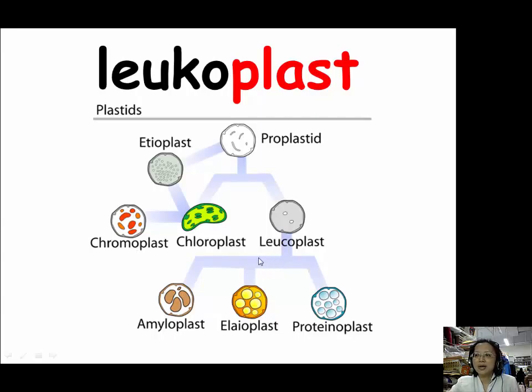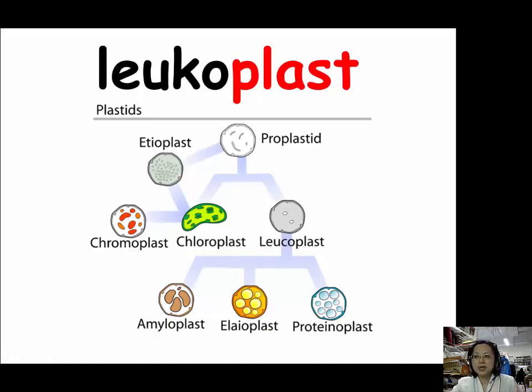Leucoplasts are located in non-photosynthetic tissue of plants, such as roots, bulbs, and seeds. They may be specialized for bulk storage of starch, lipid, or protein, and are known as amyloplast, that's for starch, elioplast, that's for lipid, and proteinoplast, that's for protein, respectively.